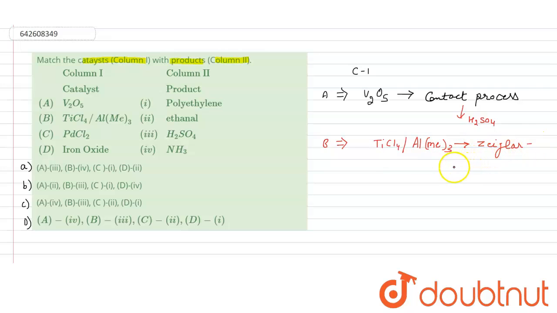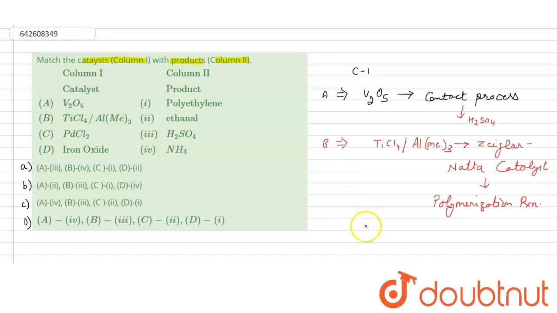And this Ziegler-Natta catalyst is used in the polymerization reaction.